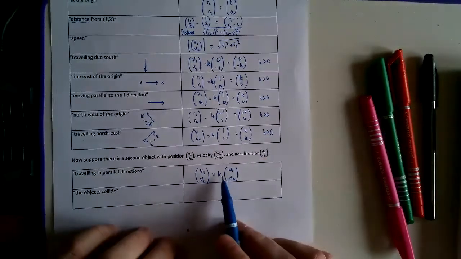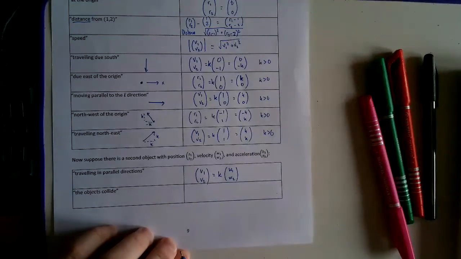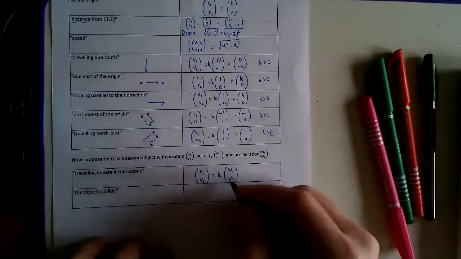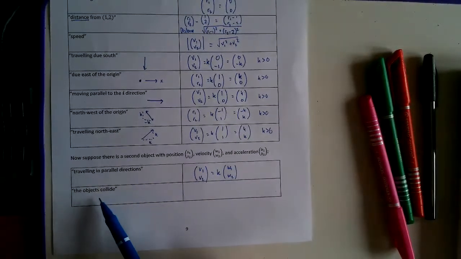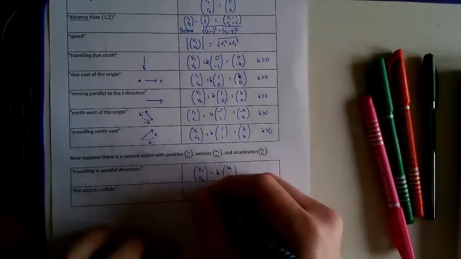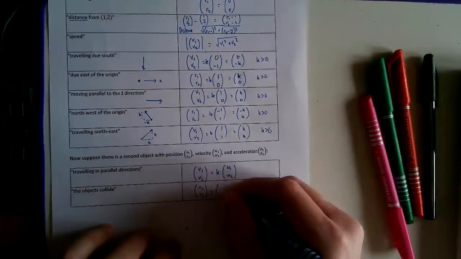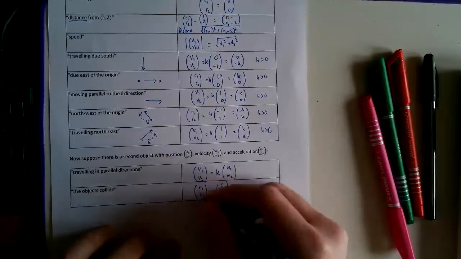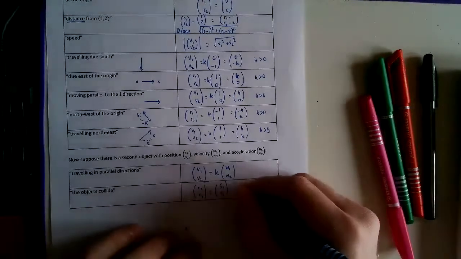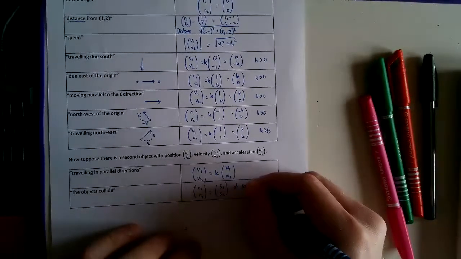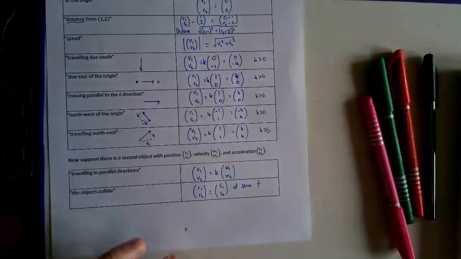So if I times one of them by a number, I get the other one, where k is a constant. And the objects collide. So that means r1, r2 equals s1, s2. The position vectors are the same, at the same place at the same time t. And if you can learn all those or spot all those, you should be able to do any exam question.